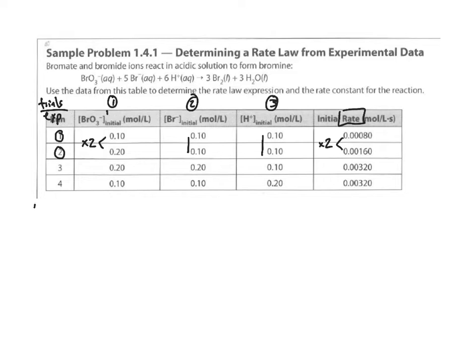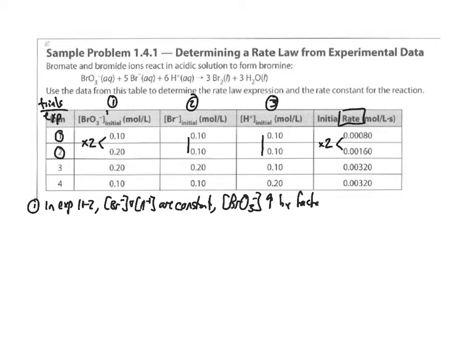But how would I write that up? I would say that in experiments 1 and 2, Br minus and H plus are constant. Bromate, BrO3 minus, increases by factor of 2.